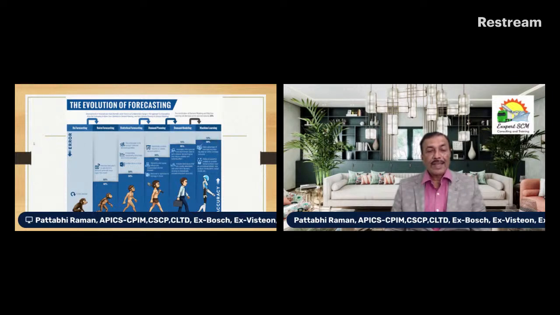Starting from no forecasting, it was purely a reactive mechanism, where the error was the highest. As we progress forward, the error level goes down and the accuracy level increases. But the methods keep changing over so many years.